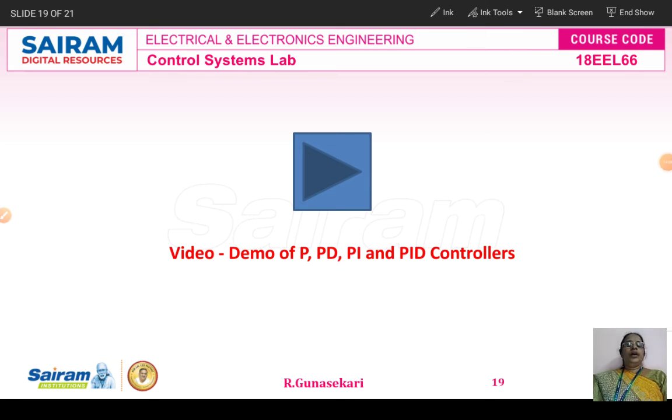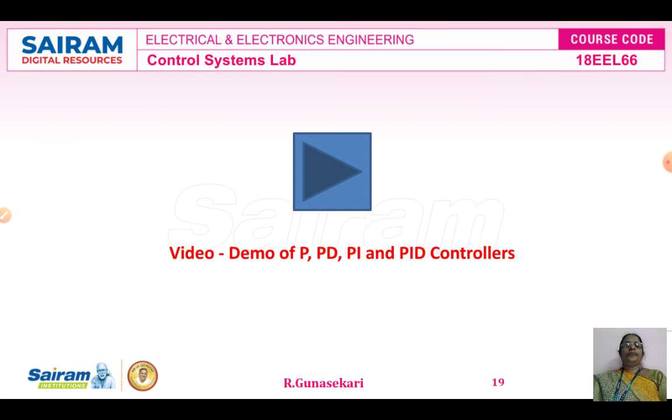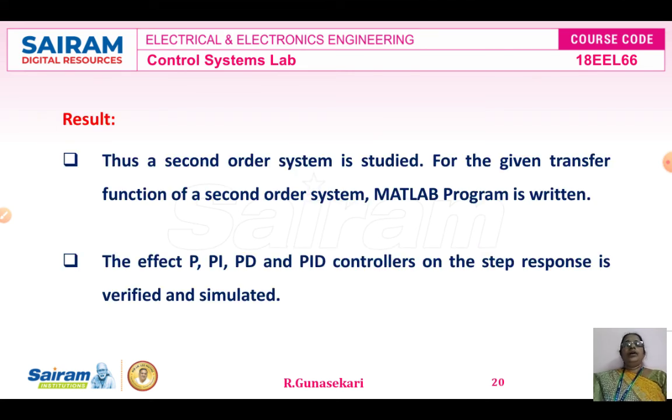Students, from the video you can clearly understand how to simulate the P controller, PID controller, PD controller and PI controller. Result: thus the second order system is first studied, that is G(s) equals 1 divided by 0.5 s squared plus s plus 4.